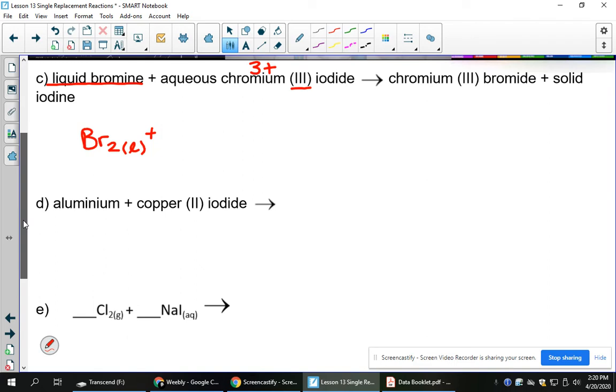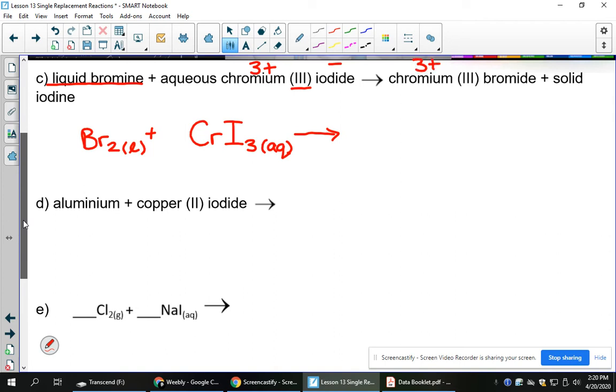The charge for iodide is -1. So when I write chromium-3, it's going to be Cr, and then the 3 crosses over to be behind the iodide. They've already told us this is aqueous, so there's no need to look it up on the solubility table.